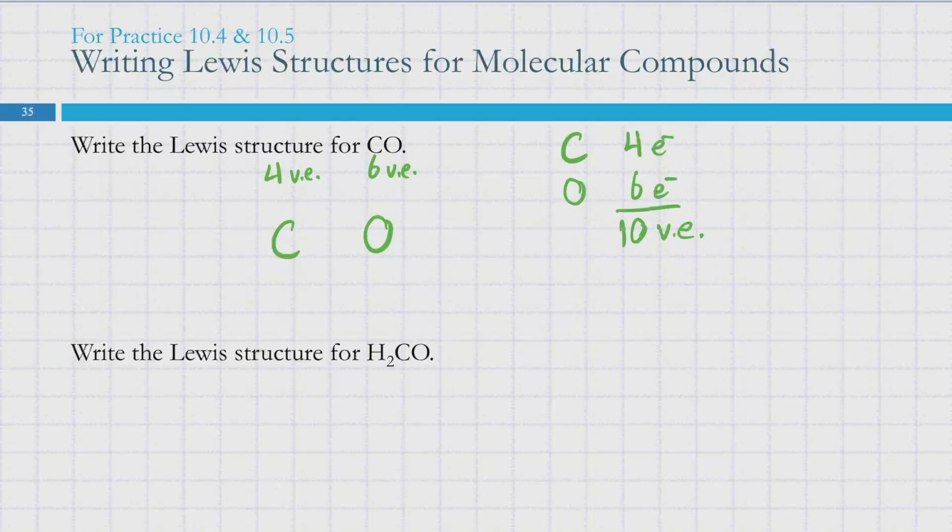So we've got 10 valence electrons. We need to connect them. That costs 2 electrons. So 2 bonding electrons between them.